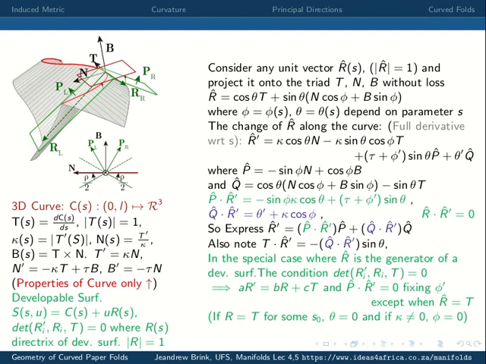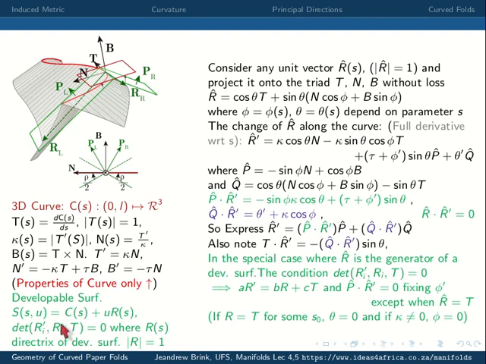So remember last time we set up our problem where we started with a curve and we wrote down everything that had to do with a curve. And then we said, okay, on both sides, we're going to have developable surfaces. We wrote down everything that had to do with a developable surface.